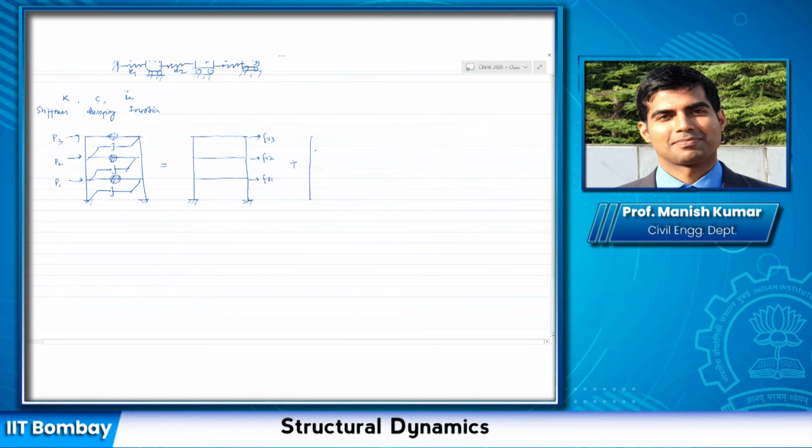Plus, in the second, I would consider only the damper term. So there is no frame in the second part, only the damper terms here, and these are FD3, FD2, FD1. And then in the third, the last term, I have all the masses, but no frame or damper.